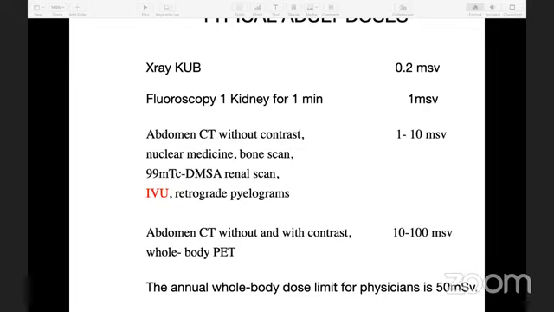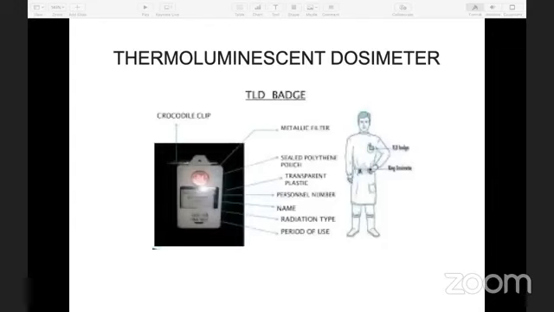For X-ray KUB it is 0.2, for IVU it is 1 to 10, and for contrast CT or whole body PET it is 10 to 100, and the annual permitted limit is only 50. Any person working in these hazardous areas should wear TL devices and monitor their exposures.